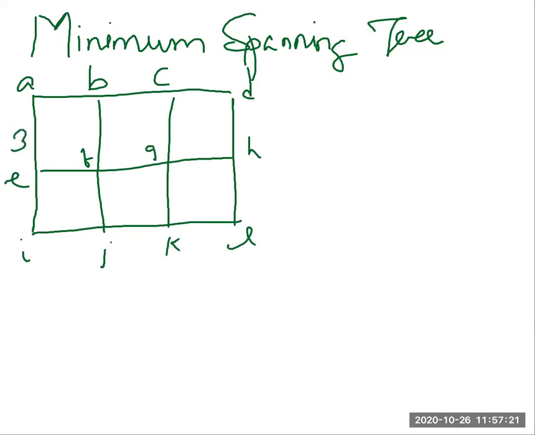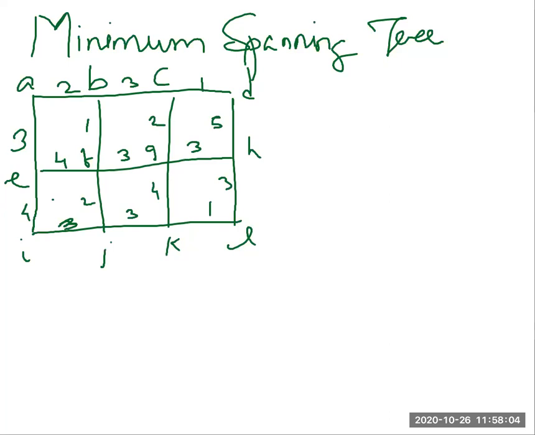So weights 3, 2, 1, 3, 1, 2, 5, let us say 4, 4, 3, 2, 3, 1, 4, and so look that all the edges have weights associated with them.